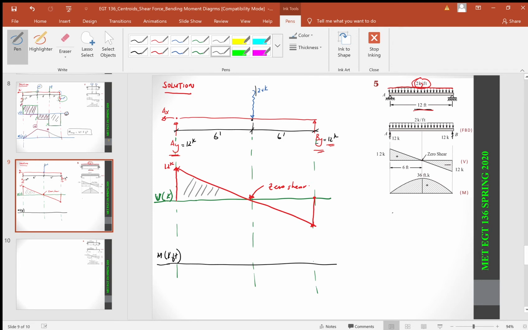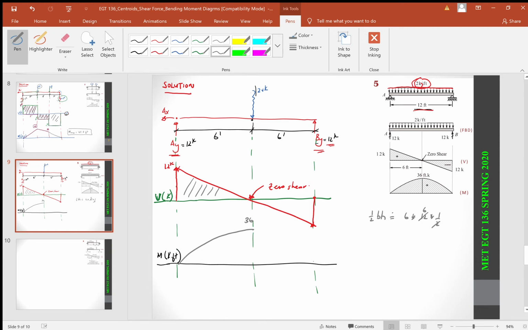So this right here is a triangular shape, and the area is one half the base times the height. The base is 6, the height is 12, times one half. So this is going to be 6 times 6, that's going to be 36. The triangle gives us a formation that way, and this is going to be 36 right here.